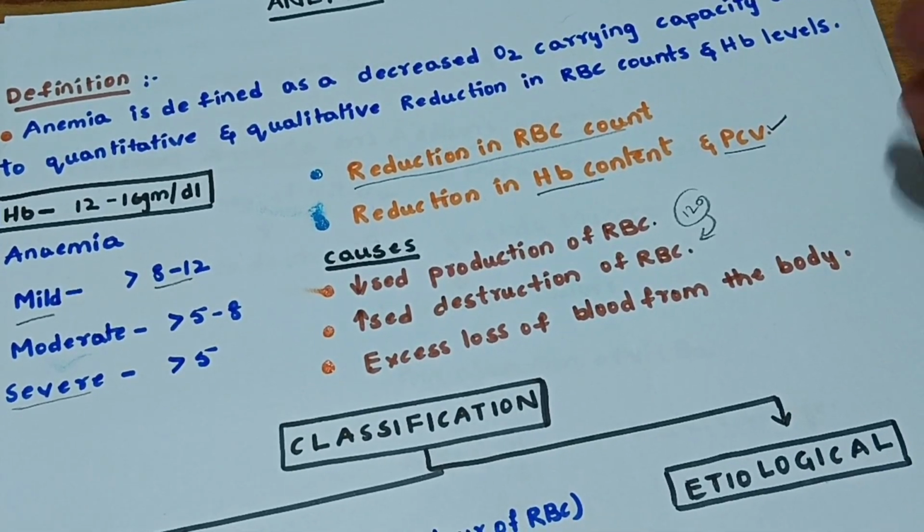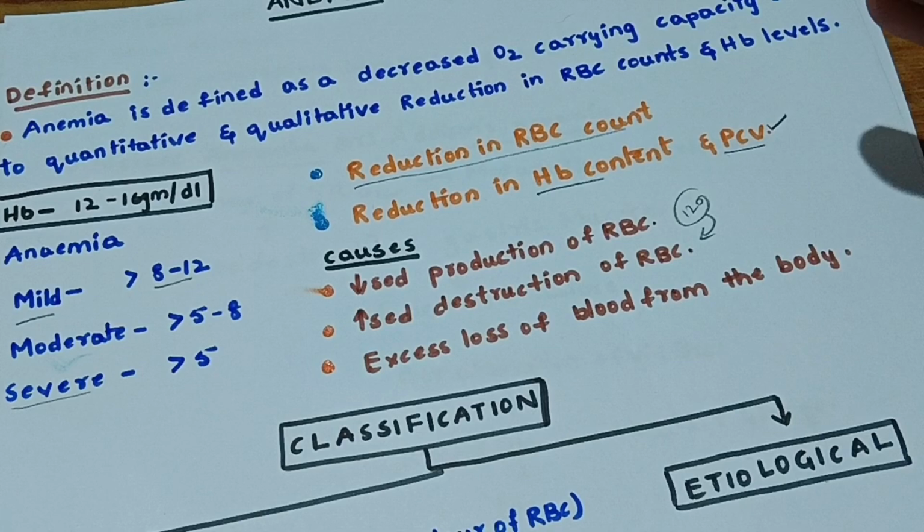And one more cause is excess loss of blood from the body. So what are the three main causes? Decreased production of RBC, increased destruction of RBC, and excess loss of blood from the body. These three causes lead to the condition called anemia.